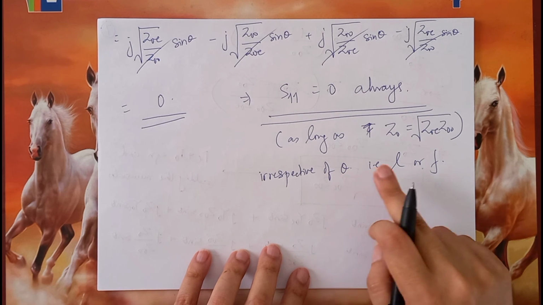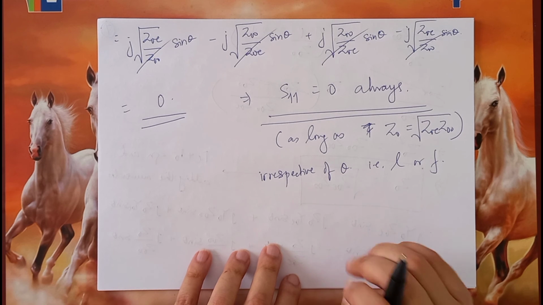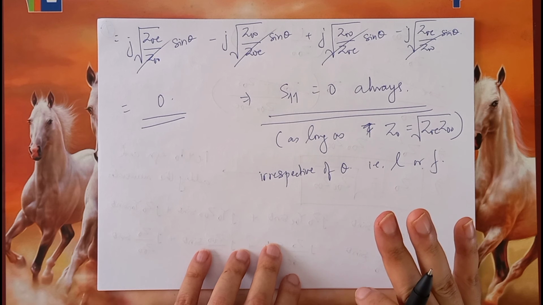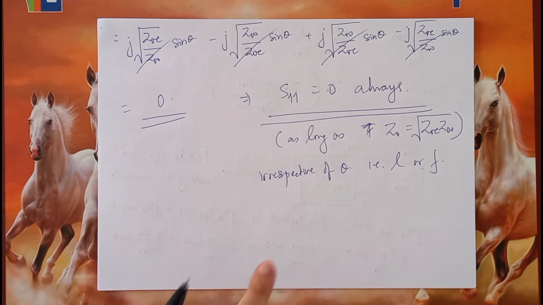Because as you know, theta can be changed by changing either the length or the frequency. So this is an extremely important result, which shows that no matter what the frequency is, the S11 will always be 0.